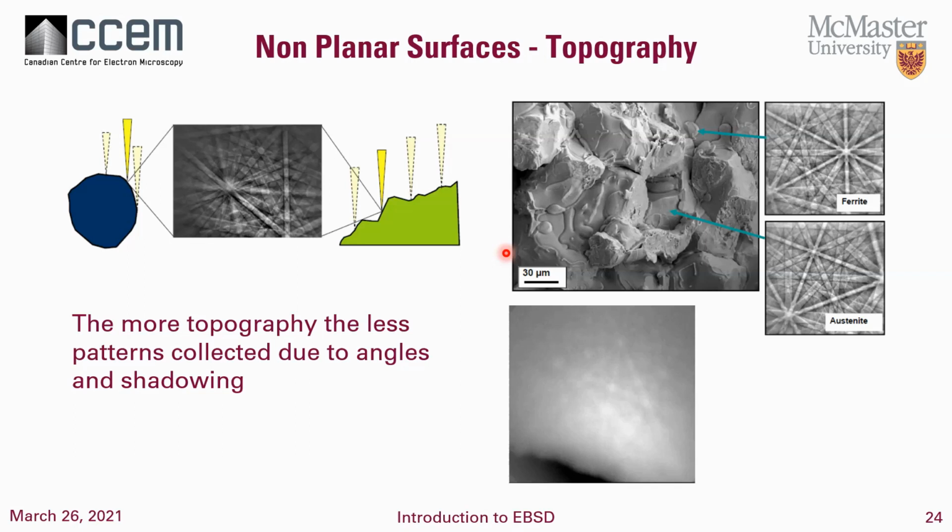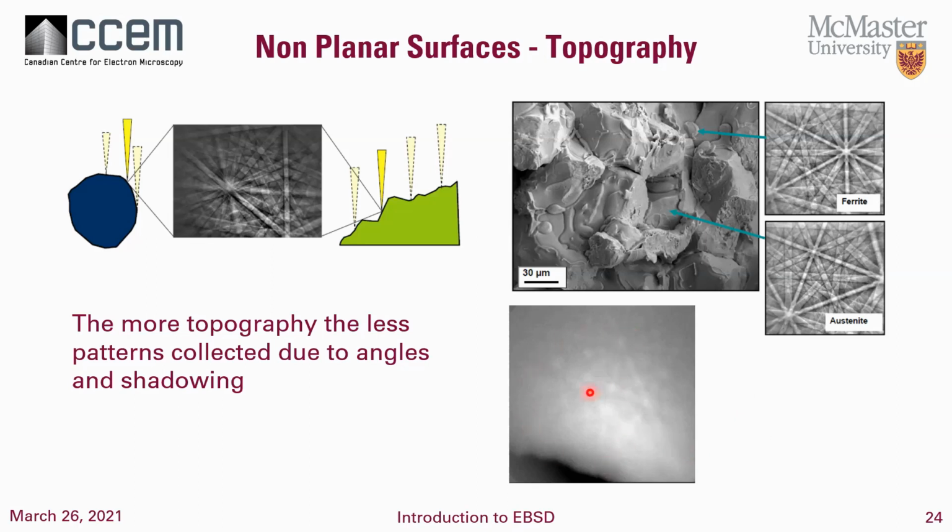So if we don't get the backscatter electrons bouncing off and going into the actual camera, we will run into problems in actually collecting any patterns. So we may get a very low yield of patterns from a very rough surface. So we may only be able to do spot analysis to determine the phases present.